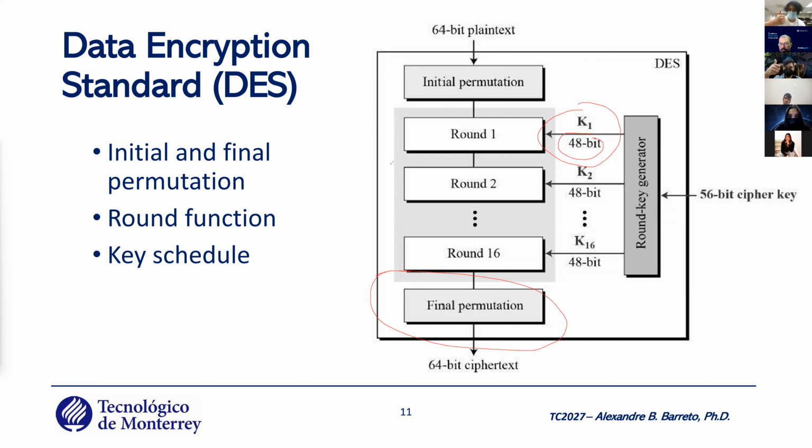Okay? Any question? In the next class, you have an exercise where you can apply this model. But what's important here is to recognize the Feistel model in the DES. Any questions?